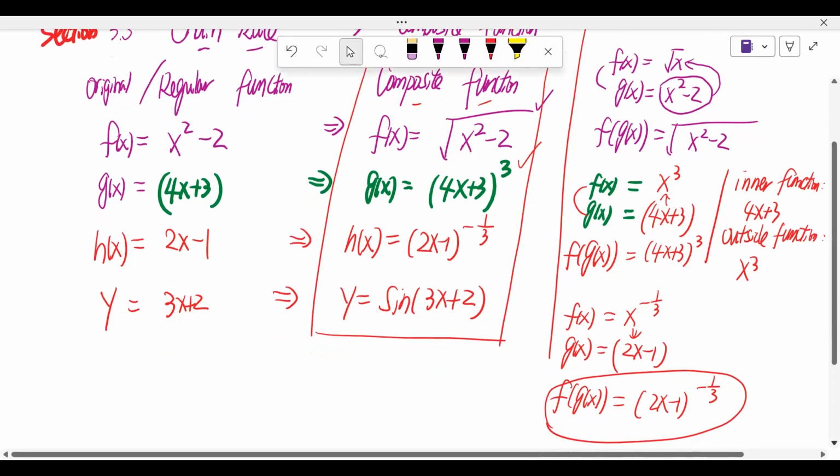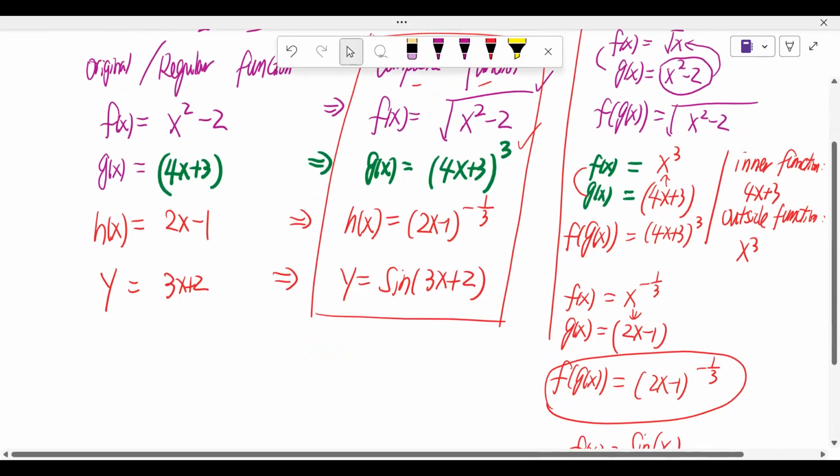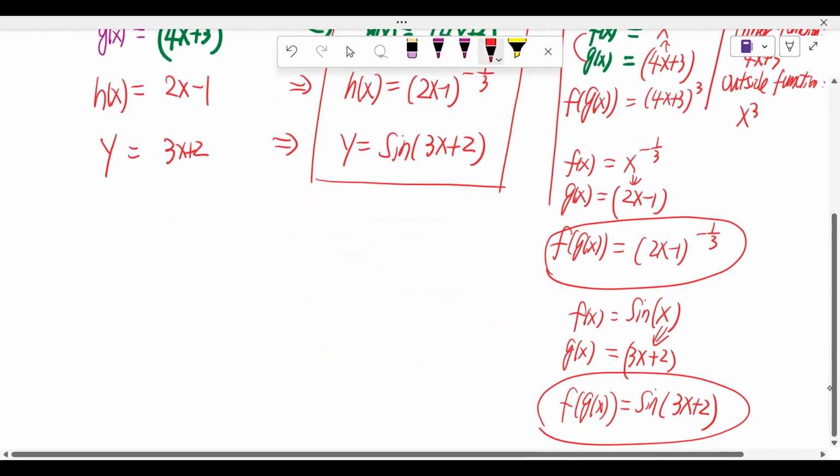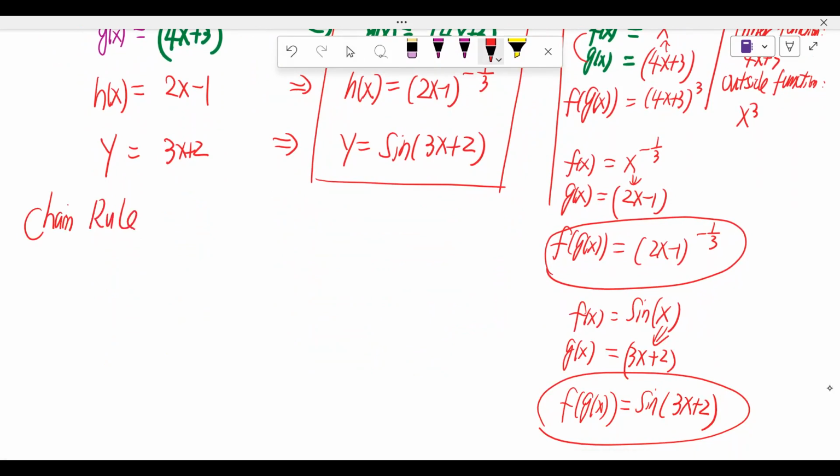And so let me give you the theorem behind this, right? So the chain rule. Again, the chain rule applies to composite functions.